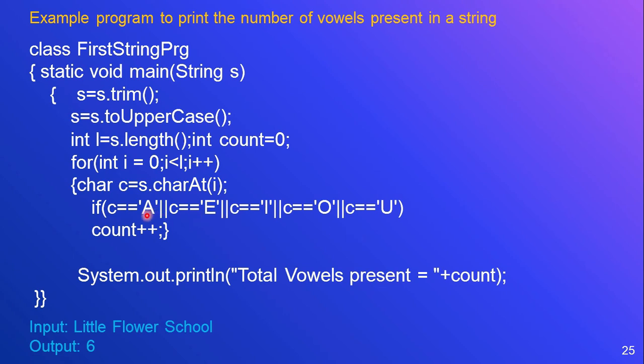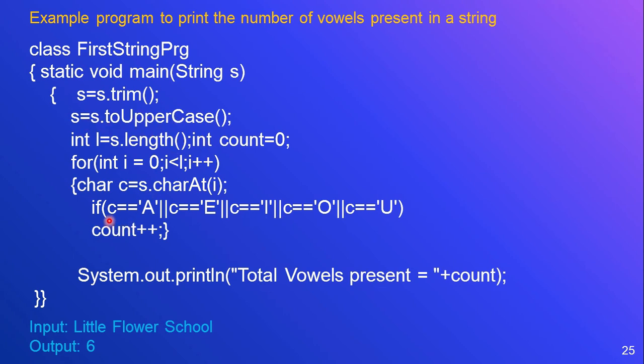I have only checked A, E, I, O, U capital letters because I have converted my string to uppercase here. Otherwise, if I am not converting my string to uppercase, then I need to check lowercase letters also. In order to avoid that, I have converted my string to uppercase.